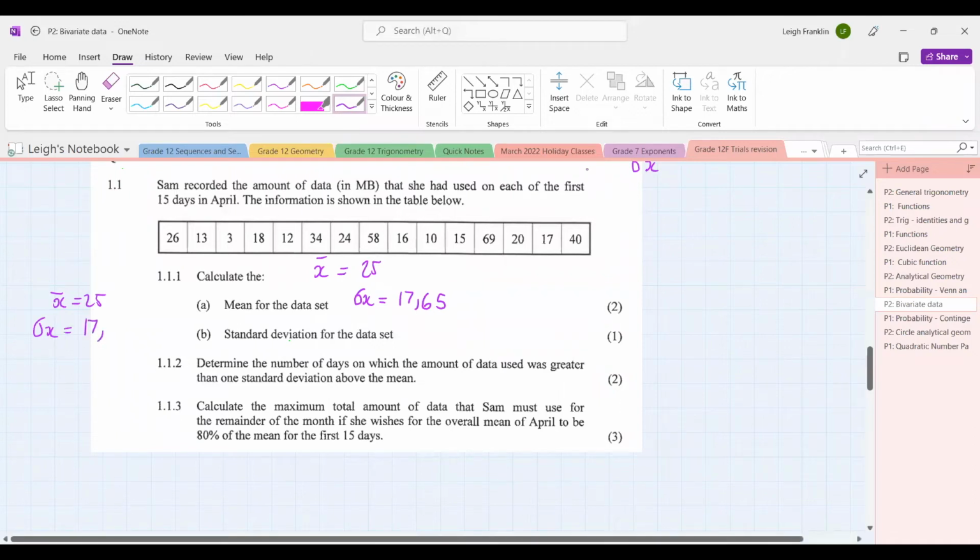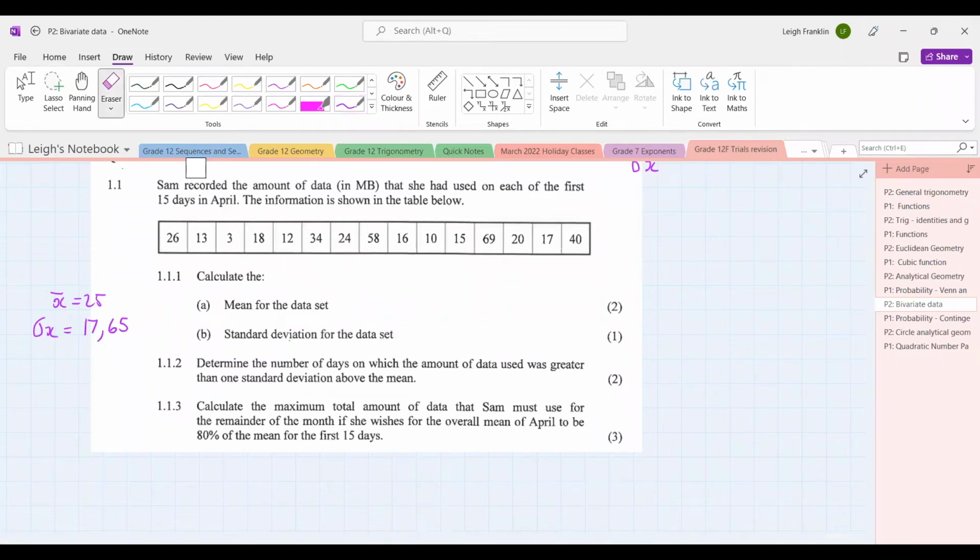Good. When we calculate a standard deviation, what are we calculating then? What does that mean? What is a standard deviation? What does that mean for us? What are we doing when we're calculating the standard deviation? Does anybody know?